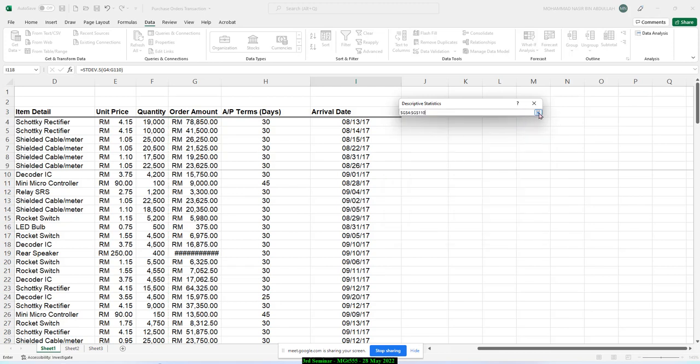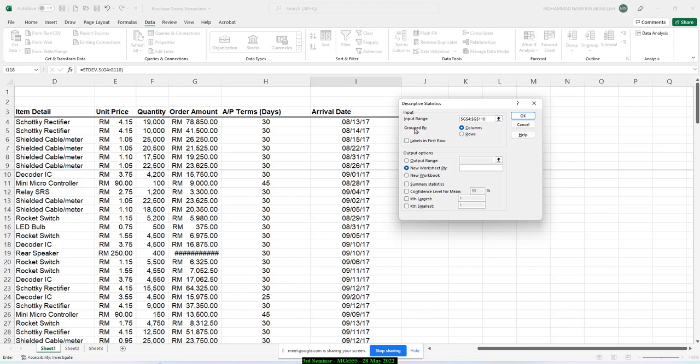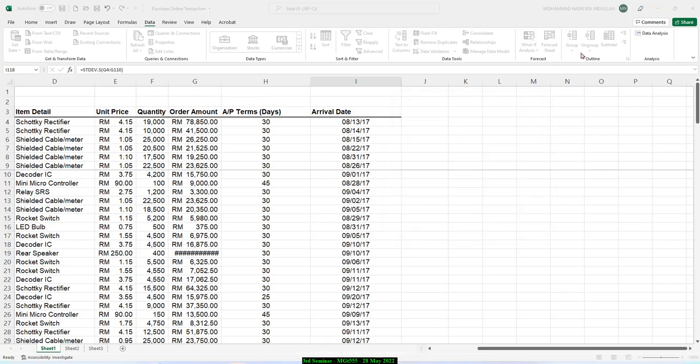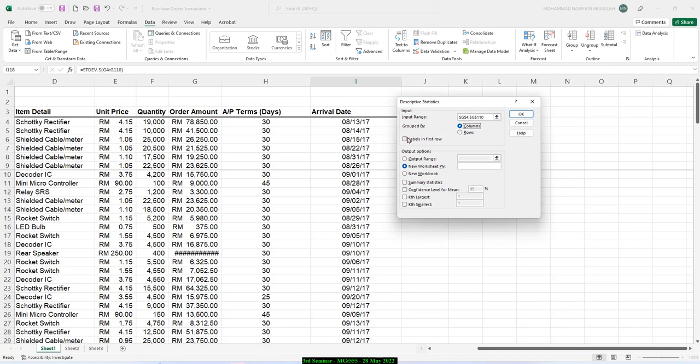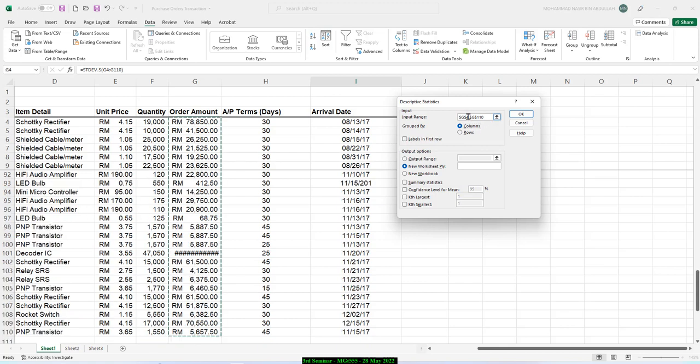Dekat sini, you boleh klik dekat arrow down ni. And then group by, since kita base pada column, right? So kita akan klik by default column lah. Right? So since kita tak menggunakan first row label kat ni, kita tak select label, kita uncheck lah. Kalau kita select label, let's say from G3, maksudnya daripada G3 order amount ni, and then kita click on label in first row.